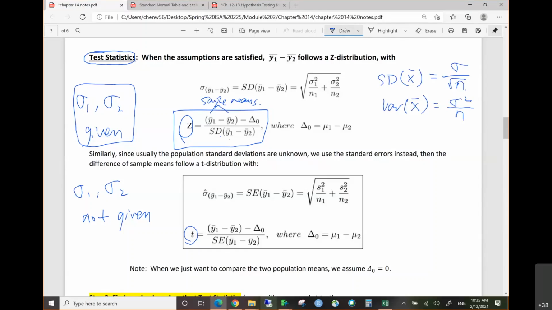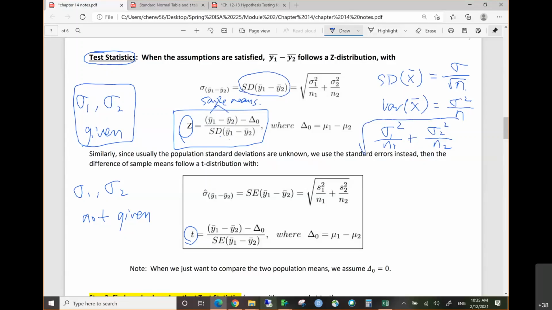Now I have two samples together. That means the variation of the two samples will be one variation plus the other one. So this is the variation. Next, take the square root, and I get the standard deviation of these two samples.